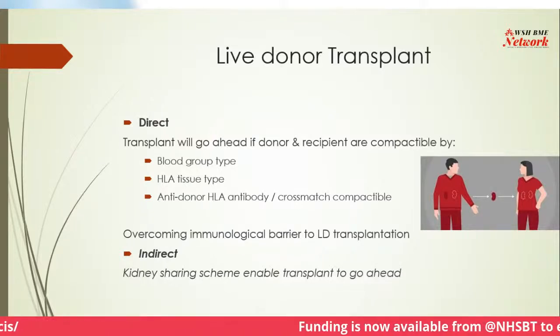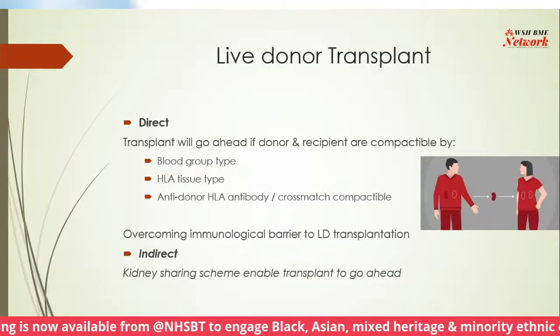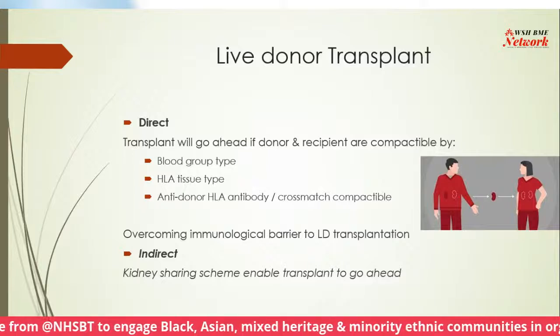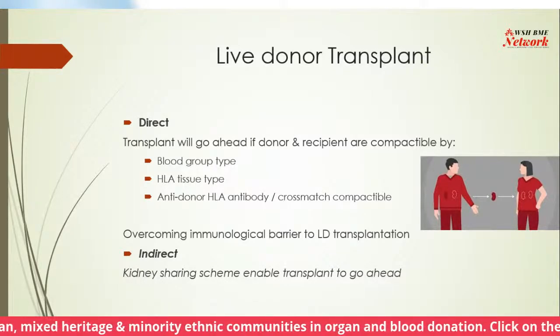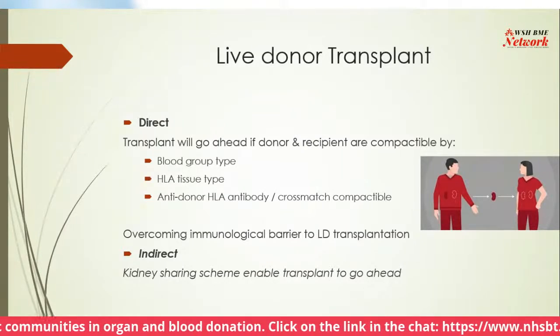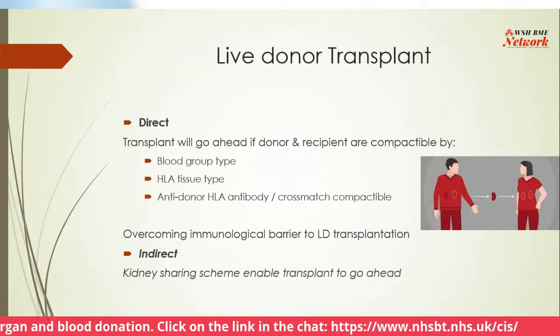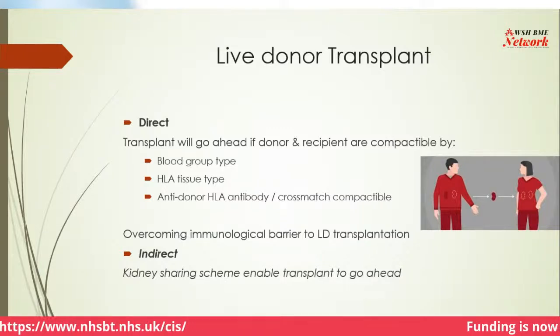Now, in order to overcome the immunological barrier to live donor transplant, it's possible to have indirect donation. That is, somebody can donate to somebody else, and then somebody donates to the other person, and the two incompatible transplants will be possible to be done.